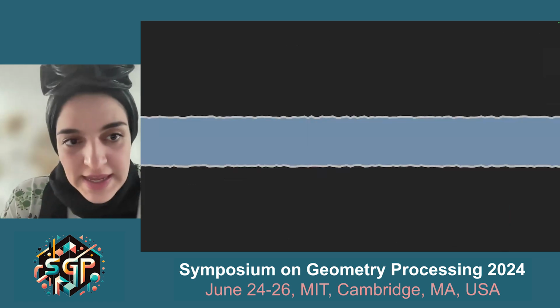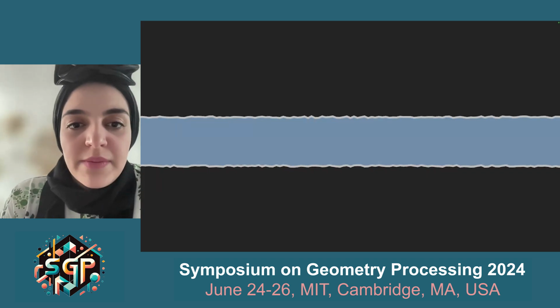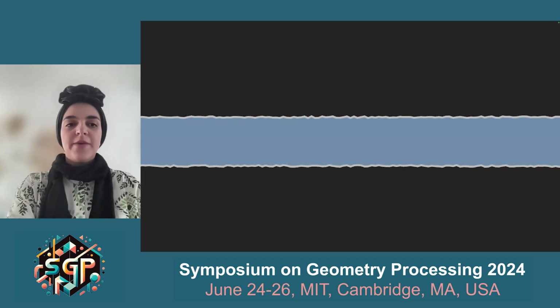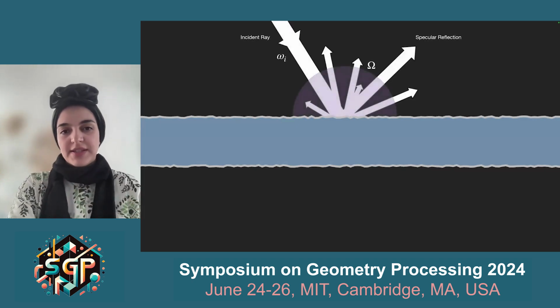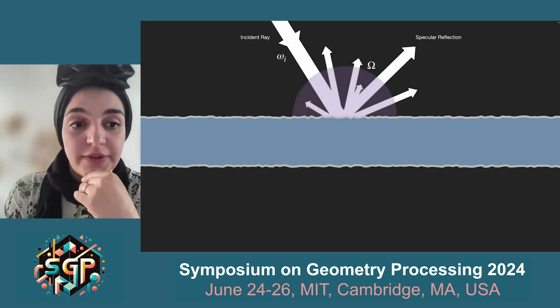So to summarize then, light hitting a certain point on a material might reflect off in a specular spike, and it might scatter off in other directions as well. And that's what is captured by BRDF.